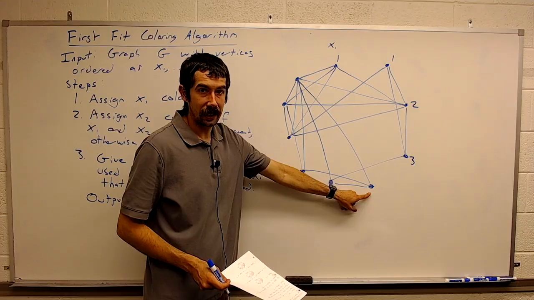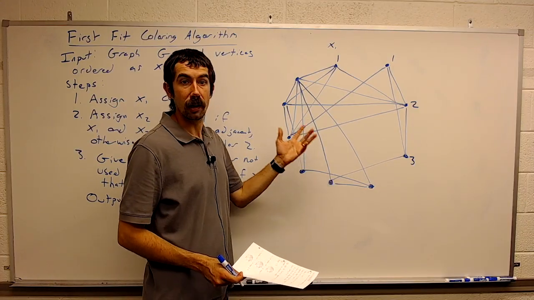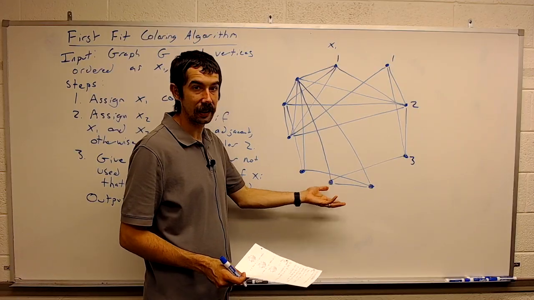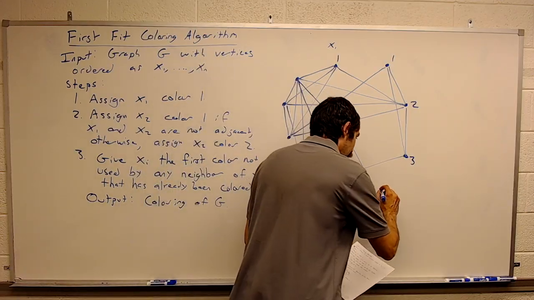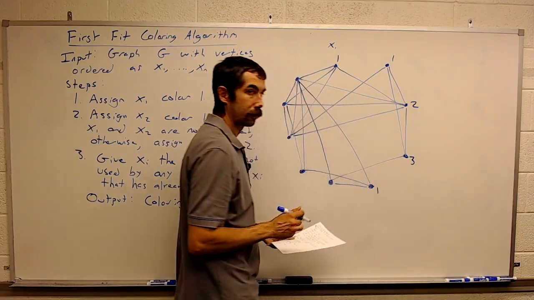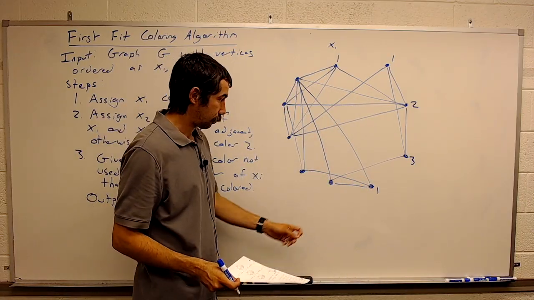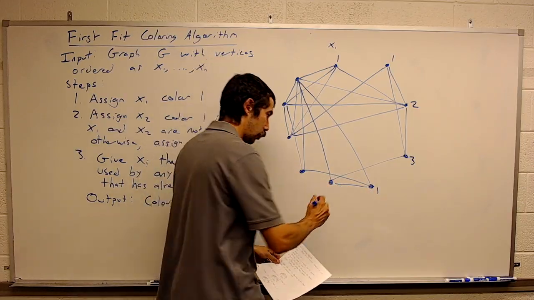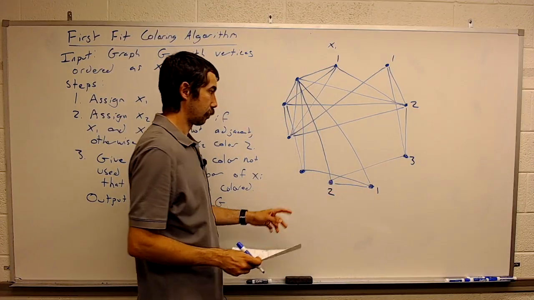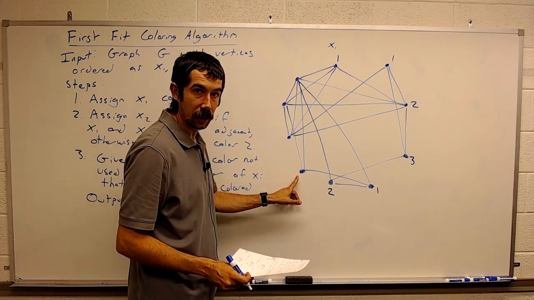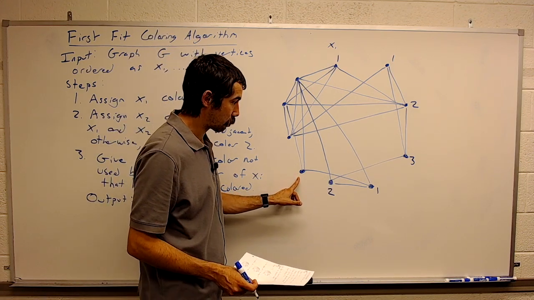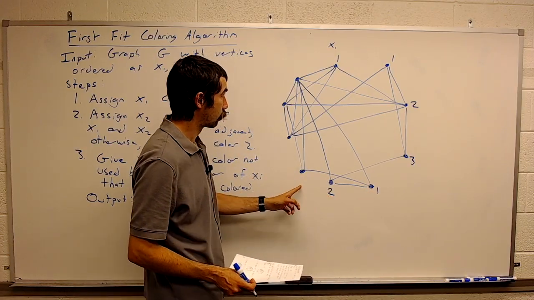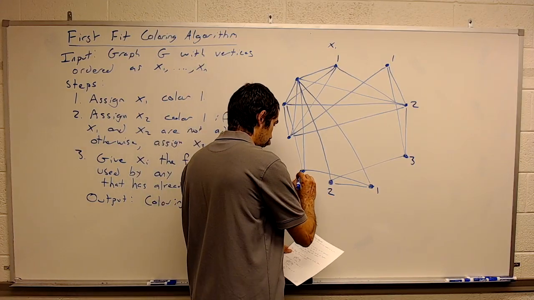Our next vertex has no colored neighbors at this point. None of the neighbors have been assigned their color, so we can give it the value of 1. This vertex is neighbors with a 1, so it's 2. This vertex is neighbors with a 1, so we'll give it 2.